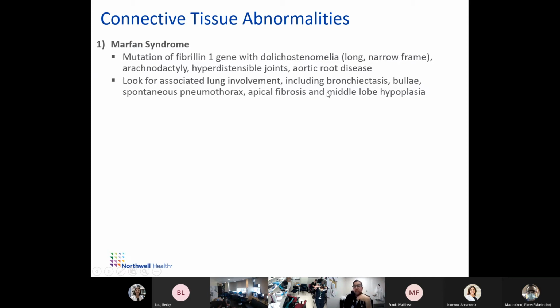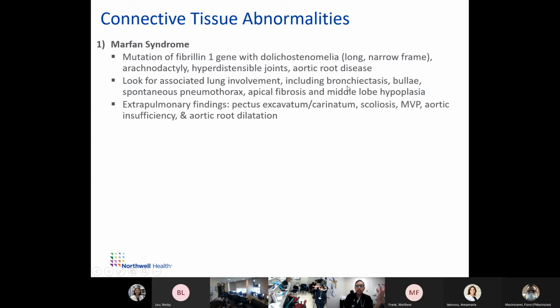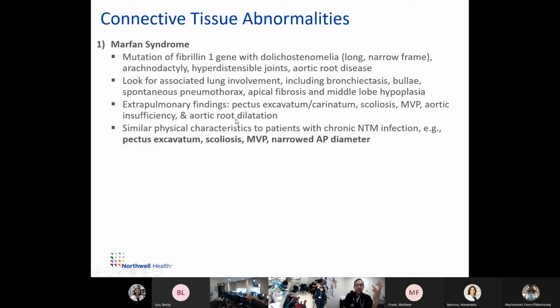And interestingly, these patients develop middle lobe hypoplasia. And why am I saying interestingly? It's interesting because they also have other findings that we see in our patients that present with non-tuberculous mycobacterial lung disease. They have pectus excavatum, they have scoliosis, they have mitral valve prolapse, aortic insufficiency, aortic root dilation, very similar to the patients that we see with chronic non-tuberculous mycobacterial infection, especially the pectus, the scoliosis, the mitral valve prolapse.